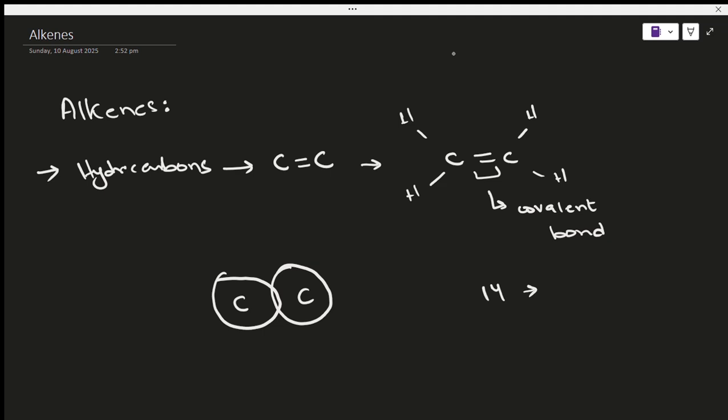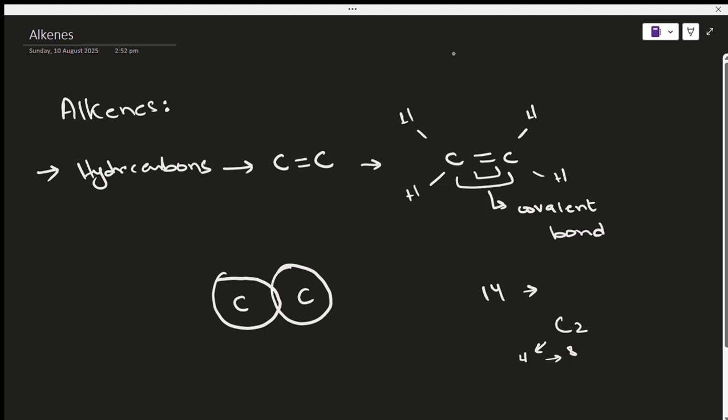And here you have two carbon atoms, so each individual carbon has the tendency to gain 4 electrons and complete its outer shell. So one carbon can gain 4, and the second carbon can gain 4, so the total goes to 8, right?